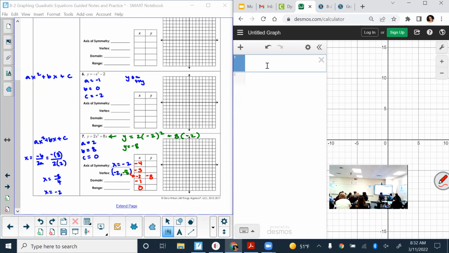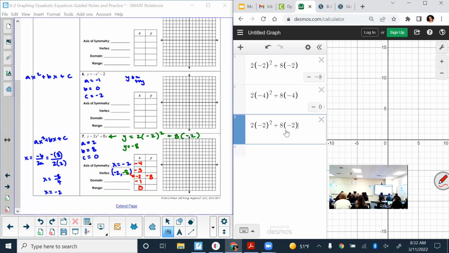So if you already had it from when you did the vertex, instead of typing it all over again, you can just copy and paste it and change the x's, the number that's in the parentheses. Do use your parentheses because that would change things if you don't.